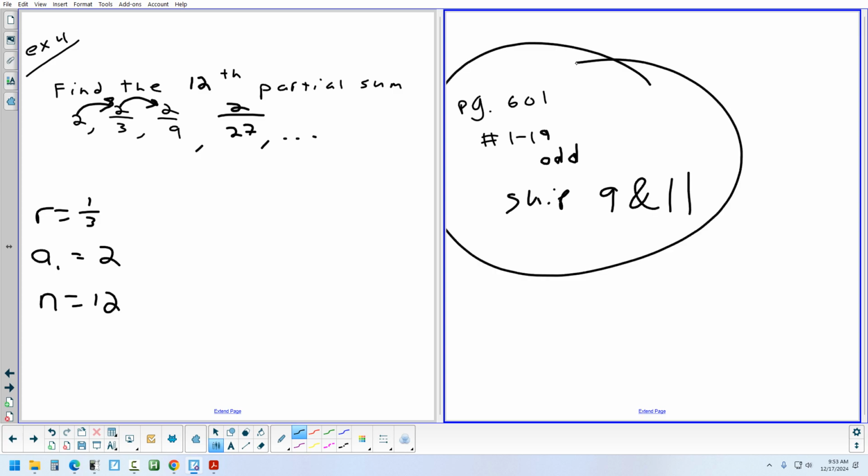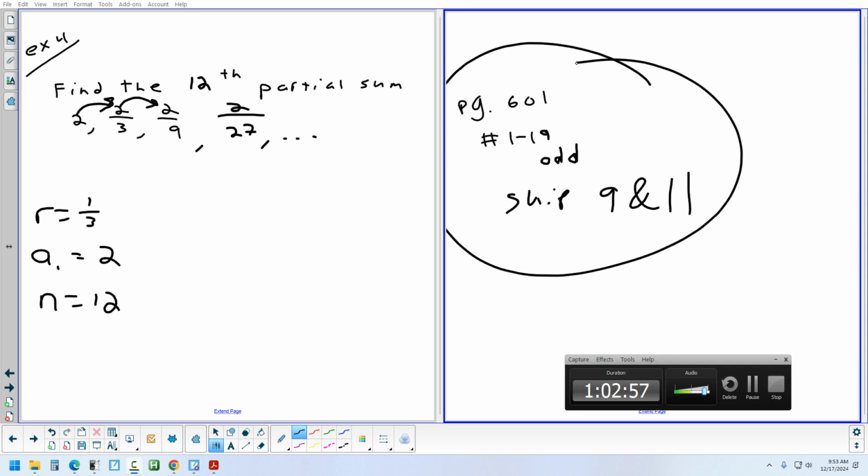So it's 1 through 19 odd, but you can skip 9 and 11 because we didn't talk about how to do those. So just skip 9 and 11. All right, and we'll take a look at that tomorrow. And I plan on being after school tomorrow for extra help.